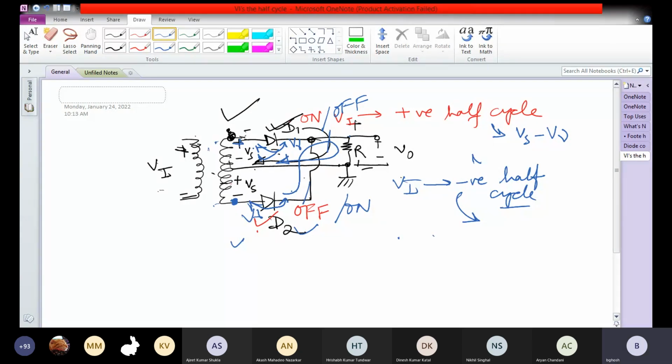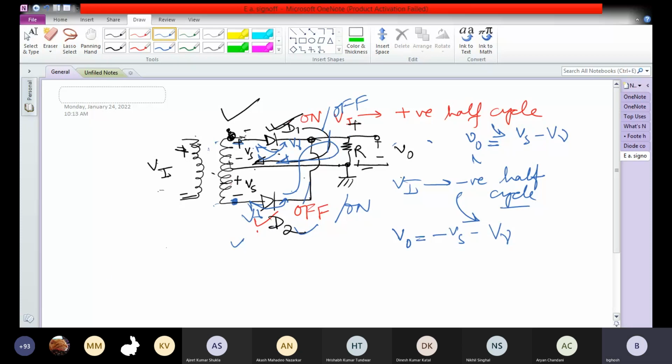The voltage across R will be minus Vs minus V gamma. So this will be V0, and this is also V0.